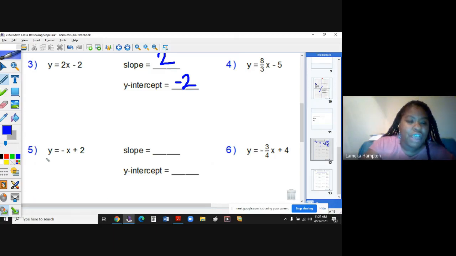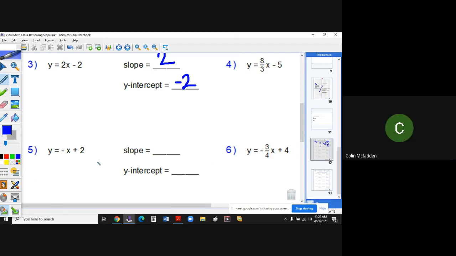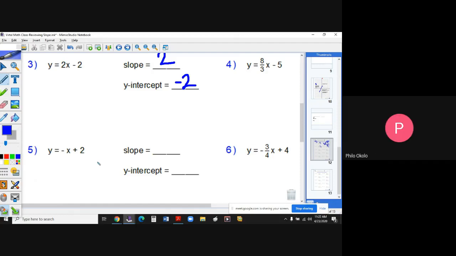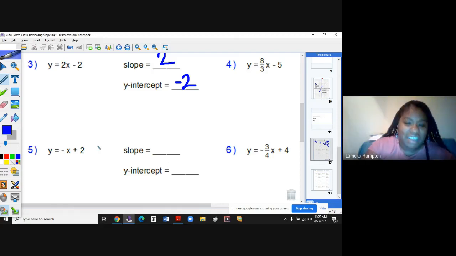Because remember, we have y equals mx plus b. So the question I have is, what's my slope? -1. Why is it -1, Miss Philomena? You are correct. But why is it -1? Because the negative x is represented as 1. Yes, no coefficient. Excellent.